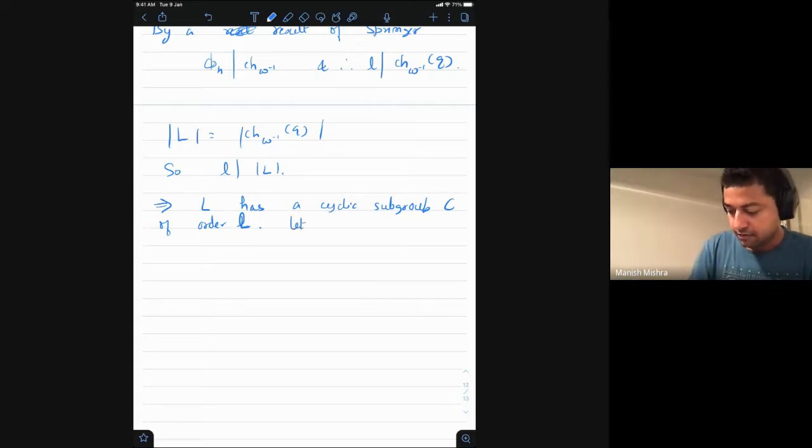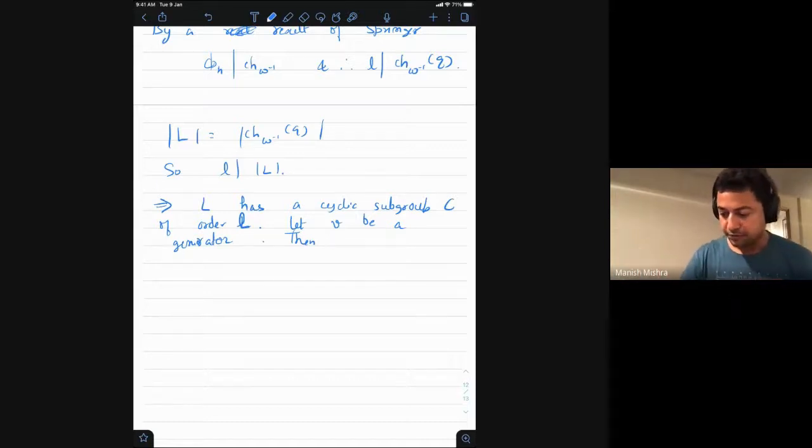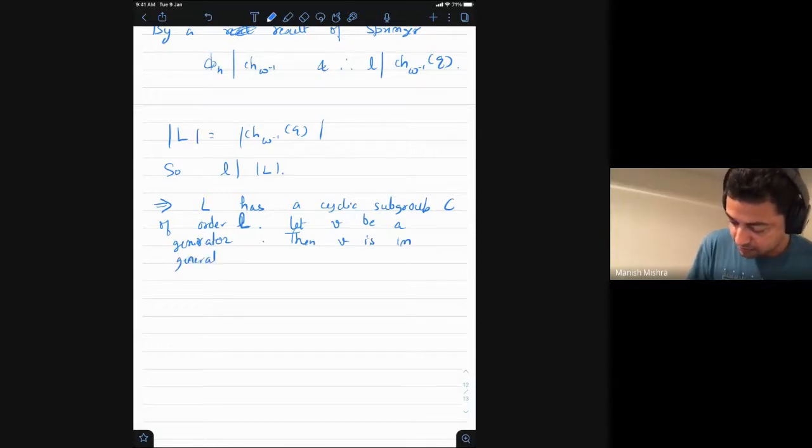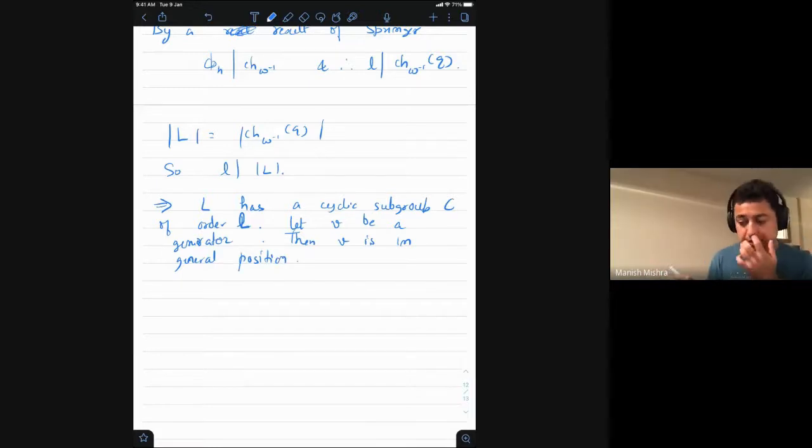Now let v be a generator of this cyclic group. Then v is in general position. Why is that?